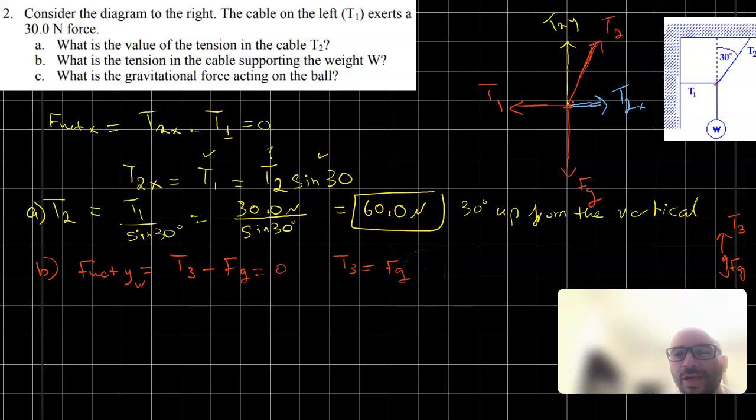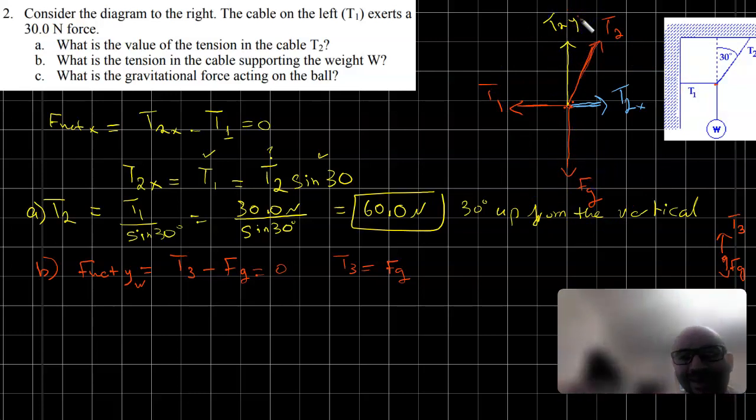which we do not know at the moment actually. We know T2y is Fg from the previous drawing. If you look at the first free body diagram, we already found that Fg is opposite to T2y.